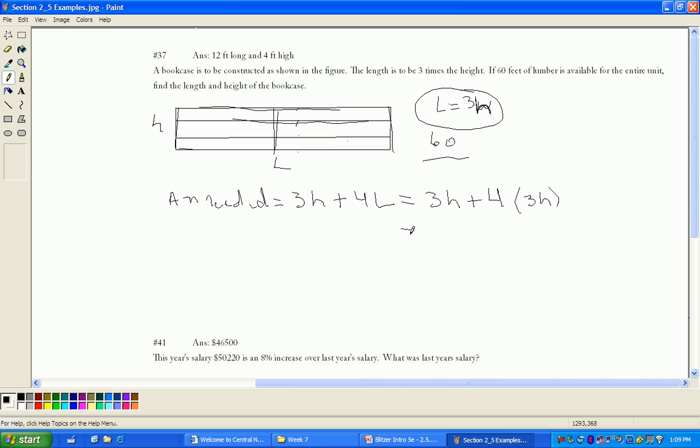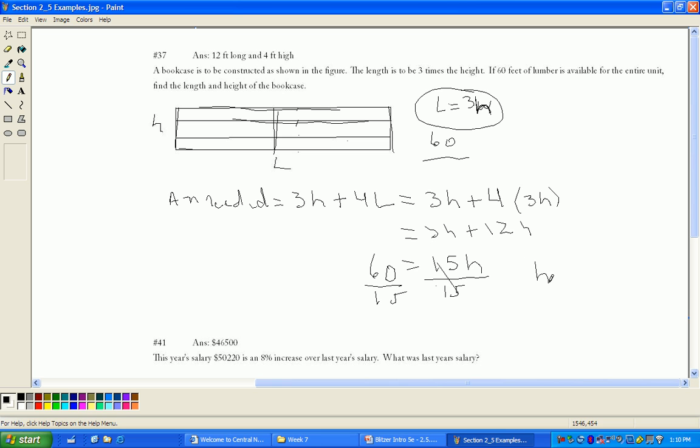If we combine, we get 3H plus 4 times 3H, which is 12H. 3H plus 12H is equal to 15H. So 15H is what we have combined for all the wood. And if we have 60 available, we find H by dividing both sides by 15.